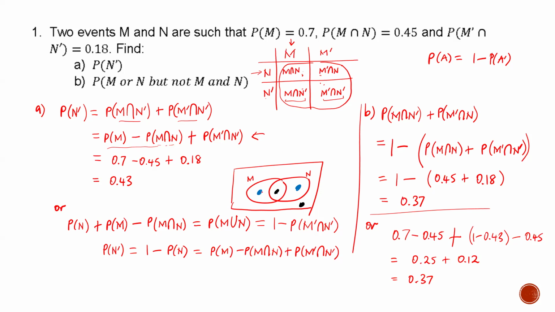So if we're being asked for M only and N only, I can get M intersection N and M complement intersection N complement, add the two and then subtract them from one, because one is the total probability of an event and the probability of its complement. So that's where the one minus that comes from. I hope that makes sense.